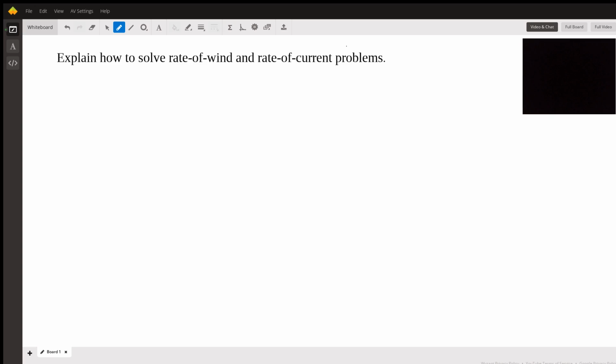This is a kind of word problem situation involving the famous formula that distance is equal to rate times time. Usually to solve one of these word problems, I would just set up a table.